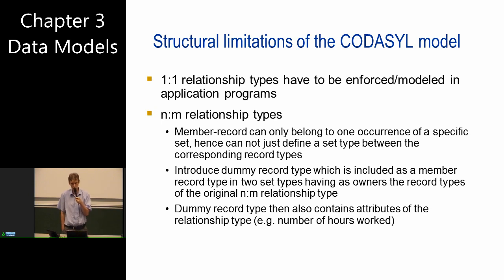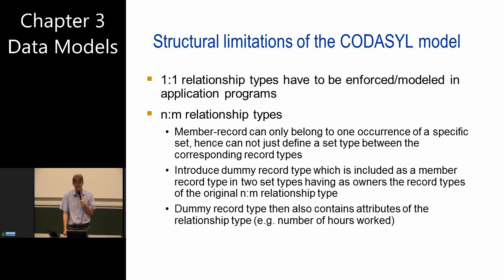A master project can be done by, let's say, minimum 0, maximum 1 students. Then you have a one-to-one relationship type, which is again a special case of a 1-to-n, with n equaling 1. Well, this cannot be modeled in a straightforward way in the CODASYL model. So if these are the cardinalities that apply, then we have to manually enforce them in our application programs. C, COBOL, or maybe even Java.